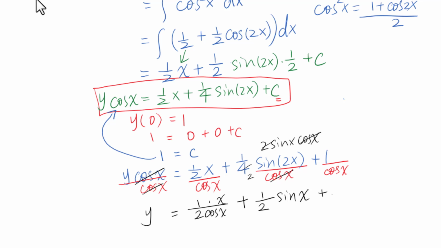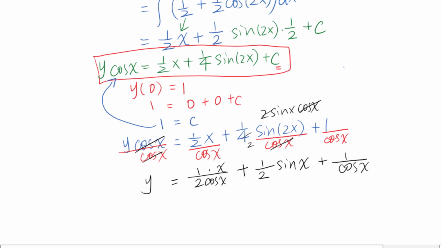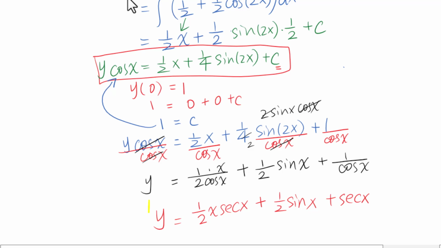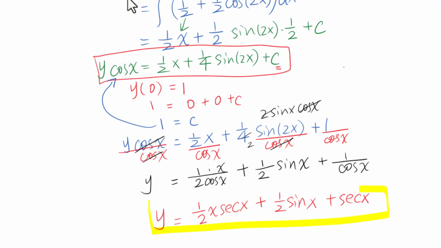Then plus 1 over cosine x. You can leave it as it is, or we do know 1 over cosine x equals secant x. So we can do 1/2 x secant x plus 1/2 sine x plus secant x. This is the final solution to a.